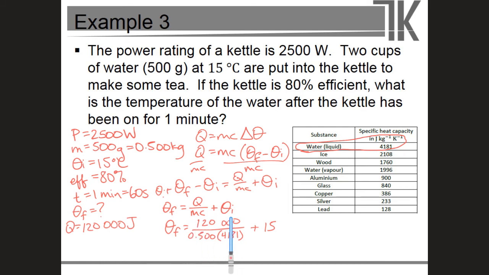So if you have this as 120, then this should be 4.181. And if we plug all that into our calculator, being careful of the fraction and the plus after the fraction, we get a final temperature of 72.40 degrees Celsius, but rounded to a correct number of significant figures, 72 degrees Celsius.